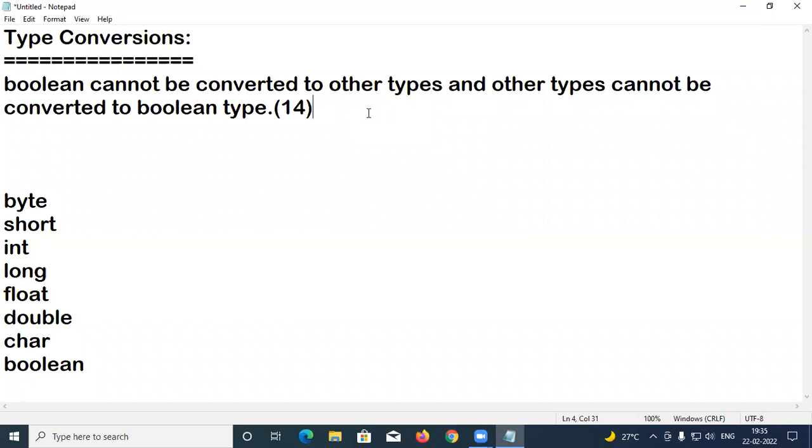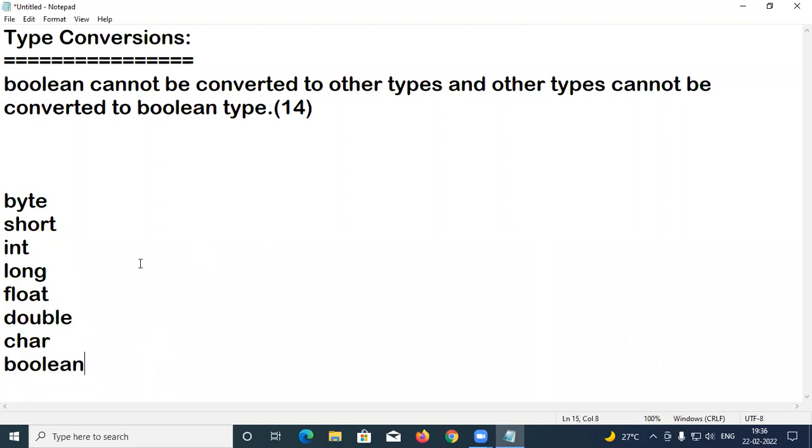Just that point, write it. So in type conversions, Boolean is not possible. Boolean is not involved. You'll get an error if Boolean is there.